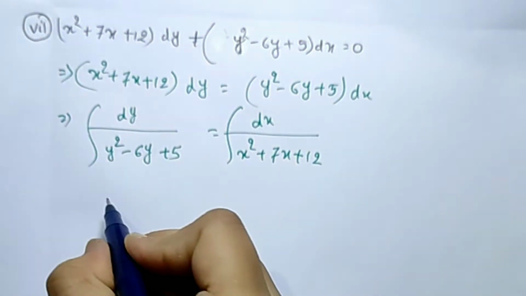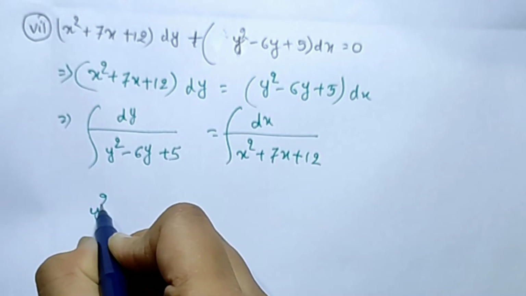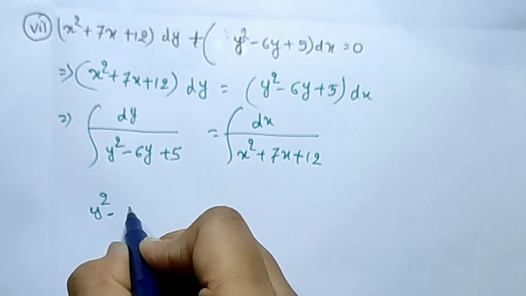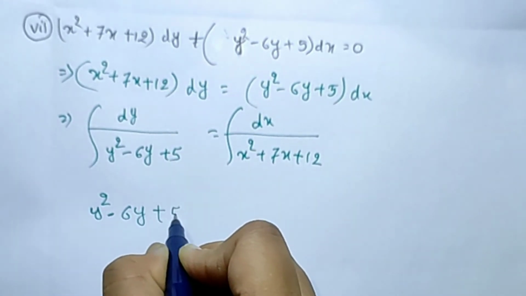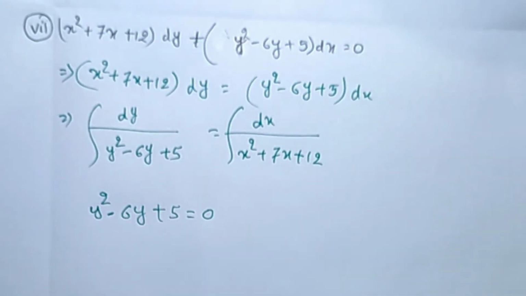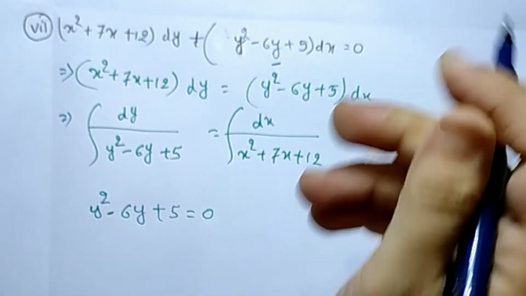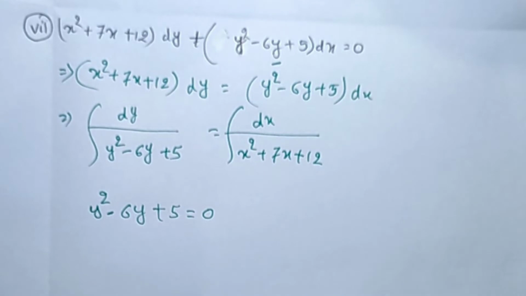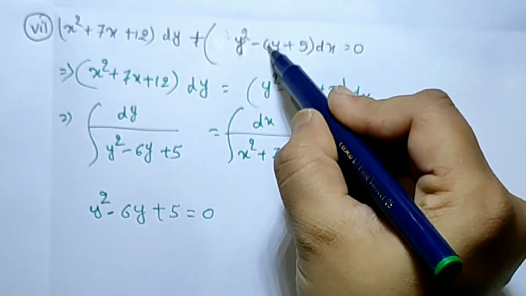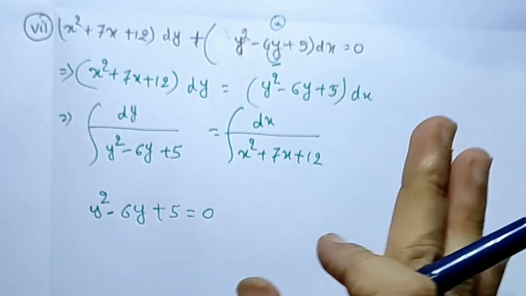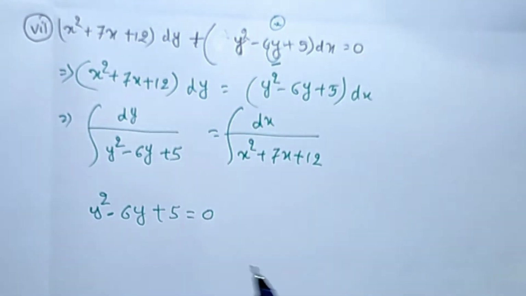Now y square minus 6y plus 5 is equal to 0. In the book there is x here. We are following the Elements of Mathematics book, and here it is given x. That is a mistake in the question; here it should be y.